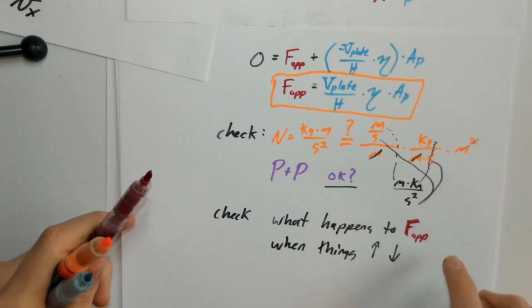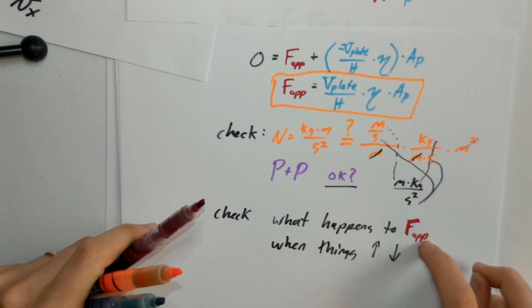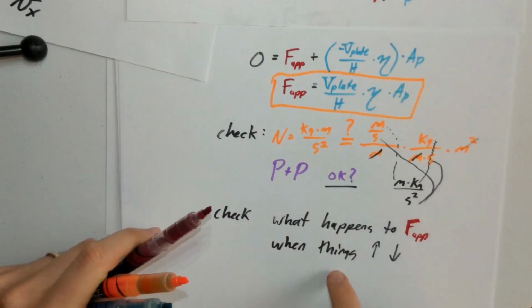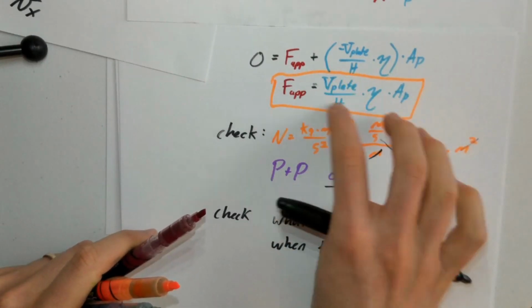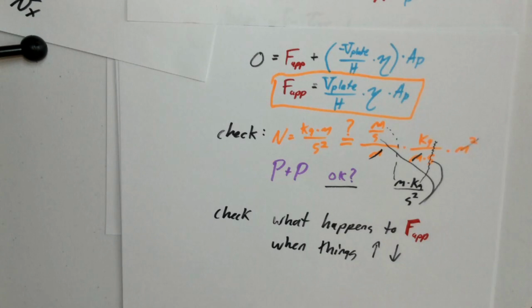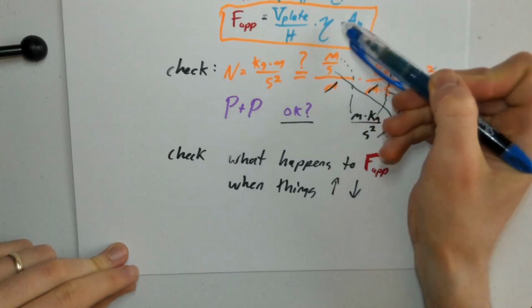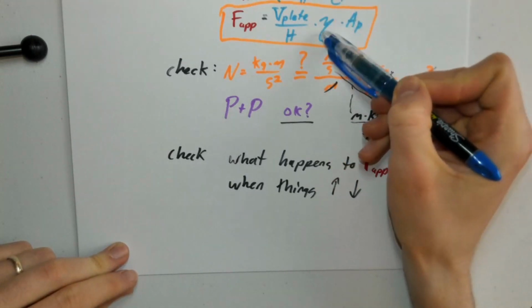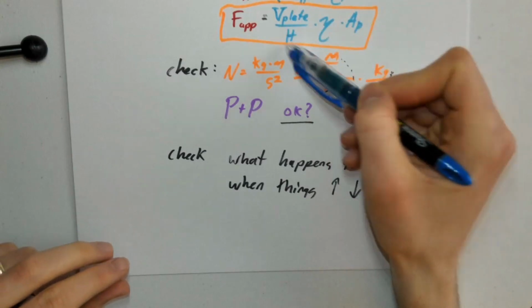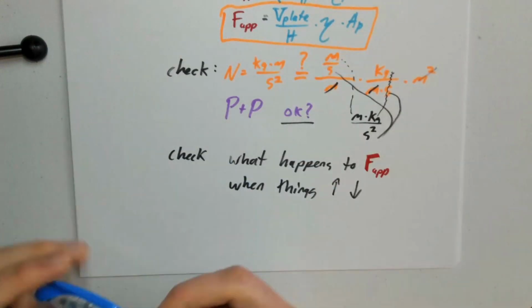Does our applied force scale in sensible ways when I change things about the algebraic result that I got here? So let's go through each of these things and determine, if they increase, what happens to our applied force.